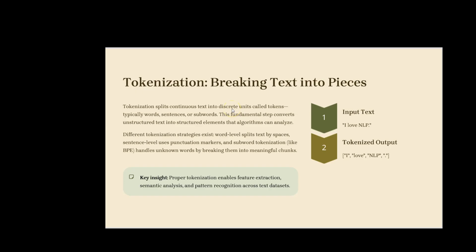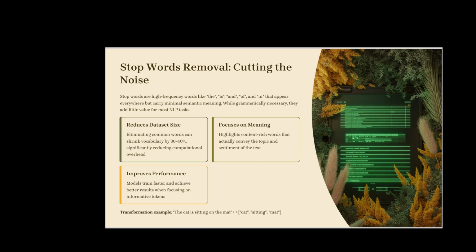Well, now that we have understood what tokenization is, moving to the next pre-processing technique, which is stop word removal. Now, stop word removal is basically done to cut off the noise. It involves removing all of the stop words, which is basically the high frequency words. Words like the, is, and, of, in, all of these appear everywhere, but they carry minimal semantic meaning.